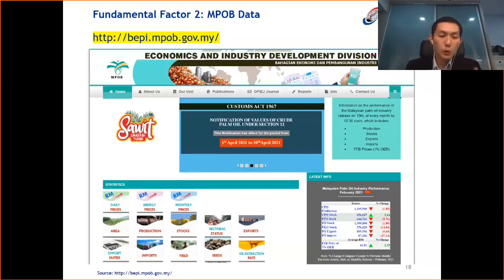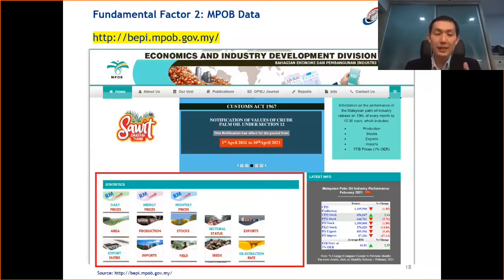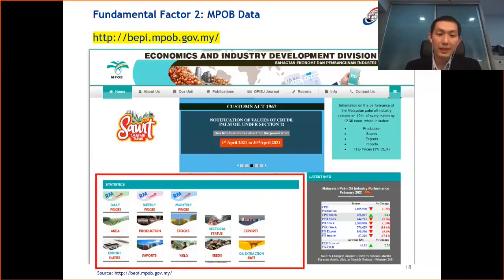So do you know when and where to get this data or not? Each and every month, on the 10th of every month, they will publish important palm oil data on this website. So each and every month at the 10th of every month by 12:30 p.m. noon, the data will be released on this website, and you can find it from one of these columns here, right?